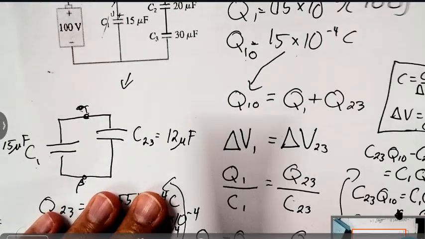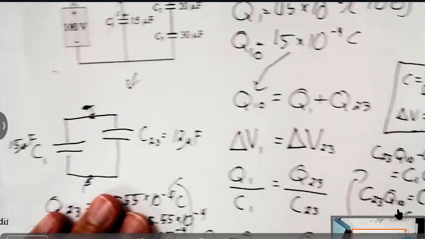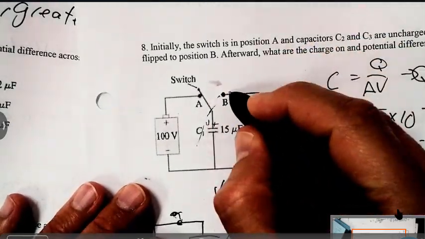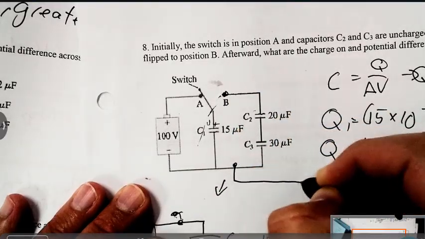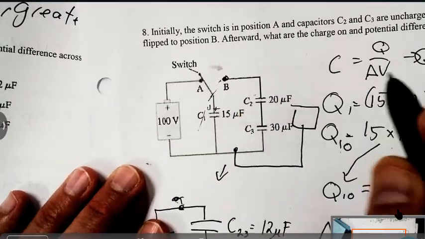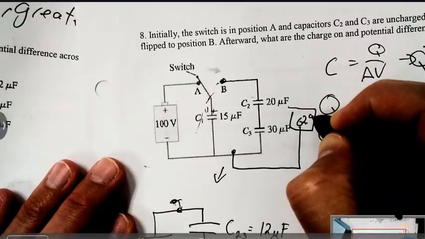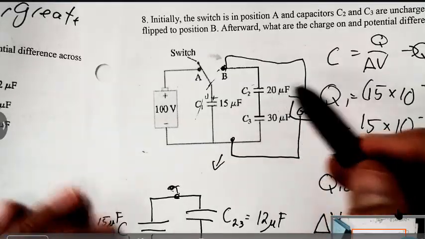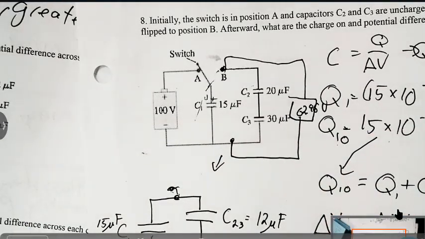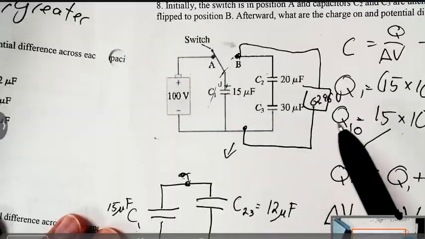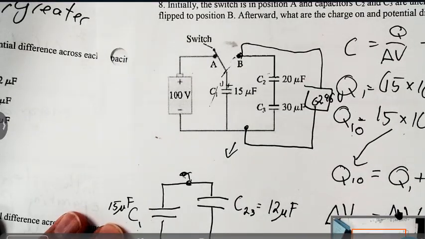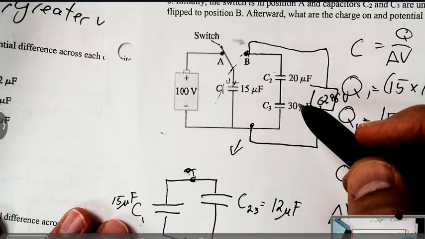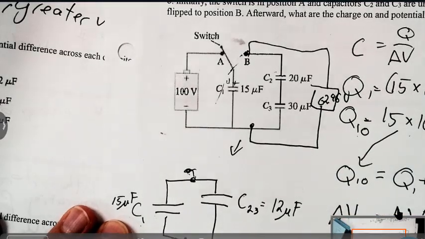Remember, the potential difference has to be the same. Okay. So I know the potential difference across this from B to A is 62.96. And I can find the charge. Did I already find that? I did find the charge stored in 2,3. Okay, that's not very helpful. How do I go from here? What do I do next? Pause the video while I think about this.